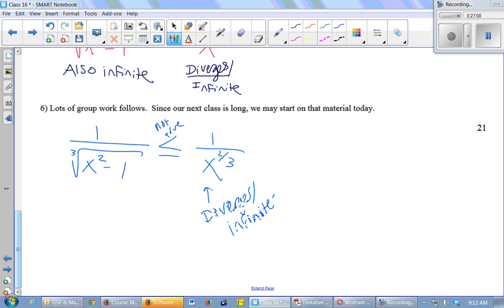Being less than infinity, can you conclude whether it's finite or infinite? Right, you can't conclude anything. There's nothing you can conclude.